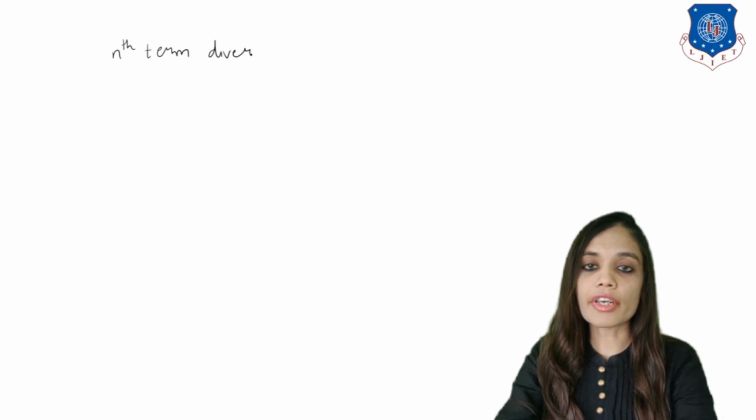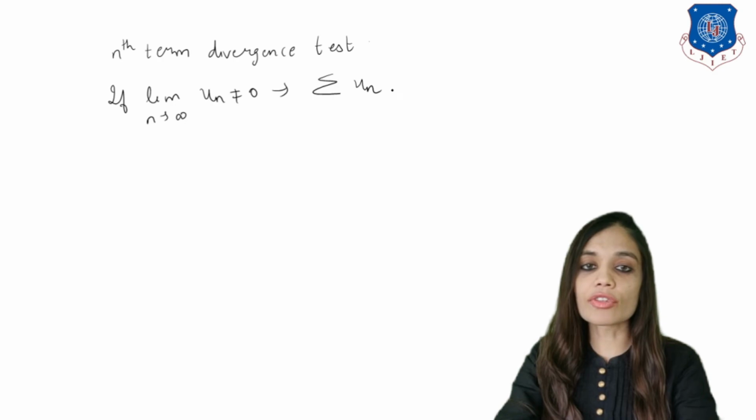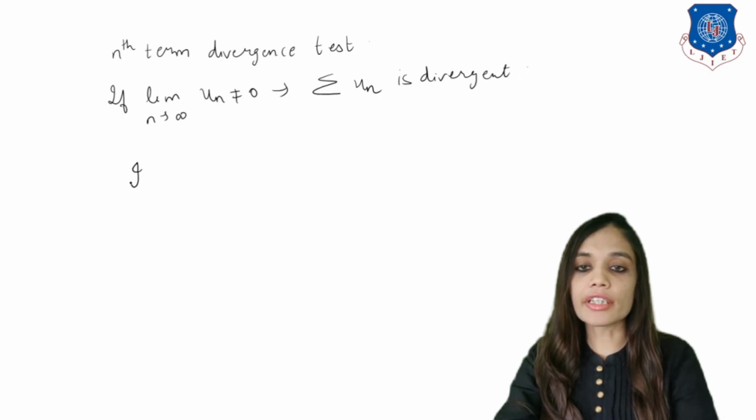So if limit n tends to infinity un is not equal to 0, then we can say that our given positive term series is what? Divergent, right? And next we have studied integral test, very important test.